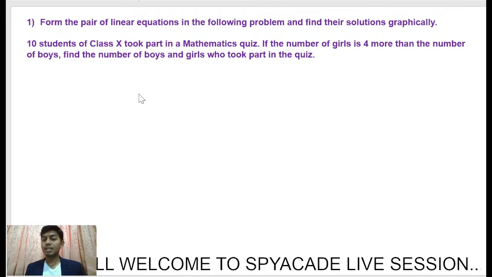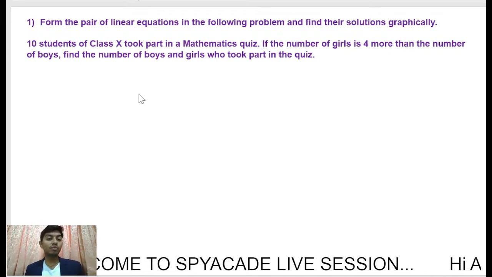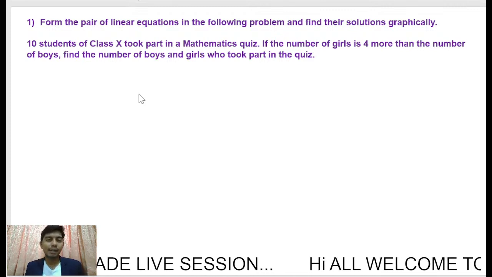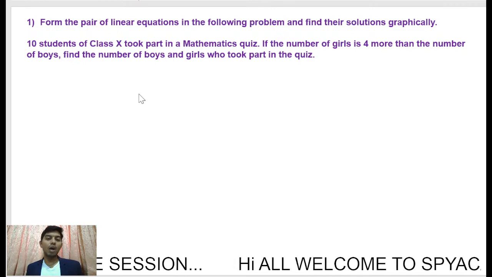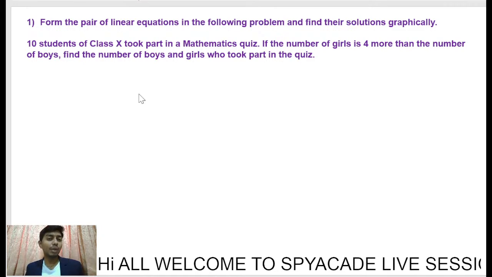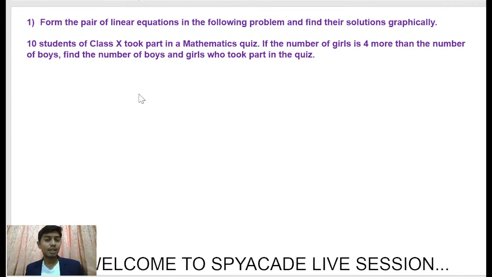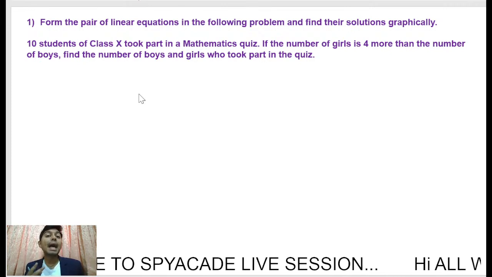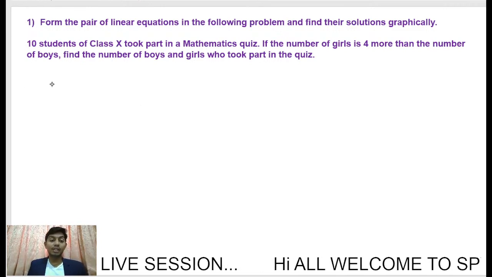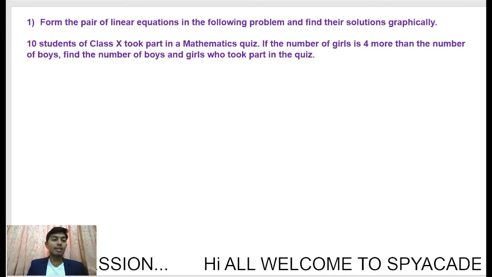If the number of girls is 4 more than the number of boys, find the number of boys and girls who took part in the quiz. So by using this question, we have to make how many equations? Form a pair of linear equations, which means you have to make two different linear equations, right?